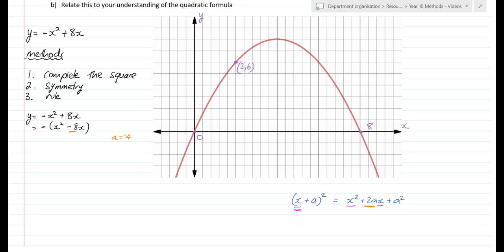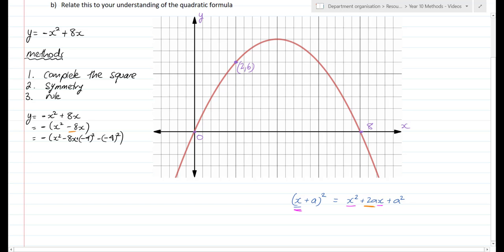I'm going to factorize that down with that a. Now with this in mind, I end up with negative x squared minus 8x holds, but I'll now get (x minus 4) squared, so plus minus 4 squared, and then I get an additional term at the end, minus minus 4 squared.